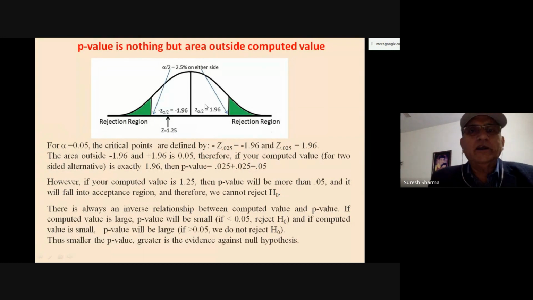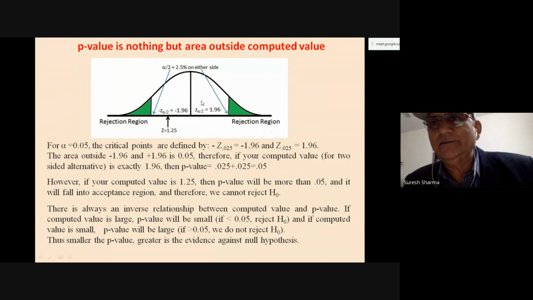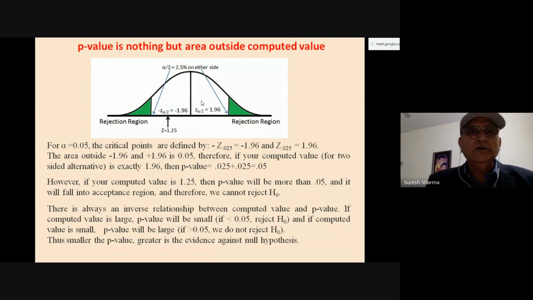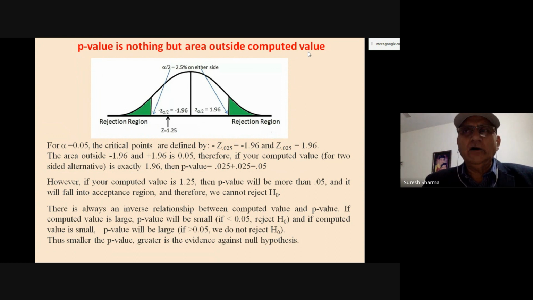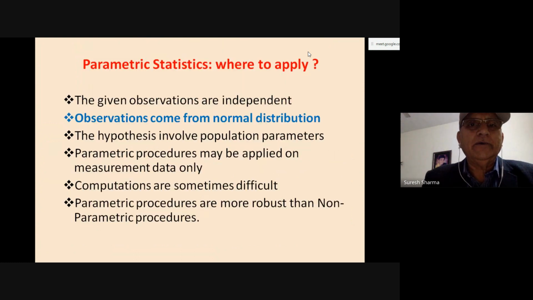If p-value becomes more than 0.05, you are definitely accepting the hypothesis, not rejecting it. So this definition is written in my book. P-value is nothing but the area outside the computed value. Just look at the area outside. If the area is very, very small, you will reject. If the area becomes more, you will accept because it is moving into the white region. Okay, so that is the concept of p-value.